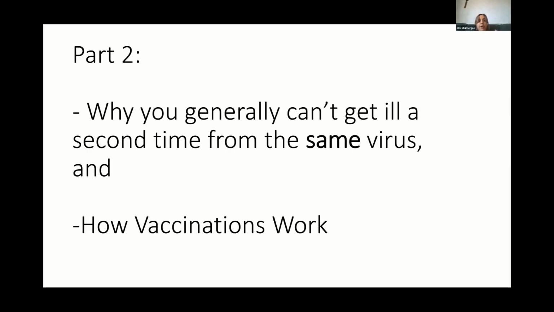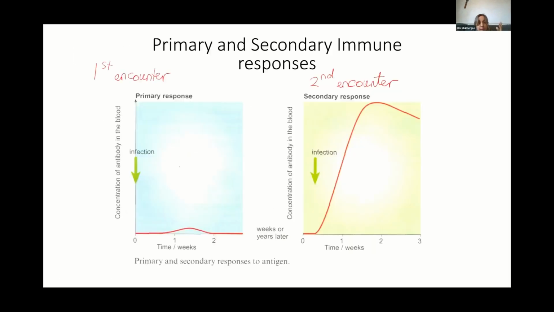Okay, so part 2, we are now going to talk about why in general you can't get ill a second time from the same virus and how vaccinations work. So they are the same principle really. Basically primary and secondary immune response. Once again, I'm just going to draw something on the screen.